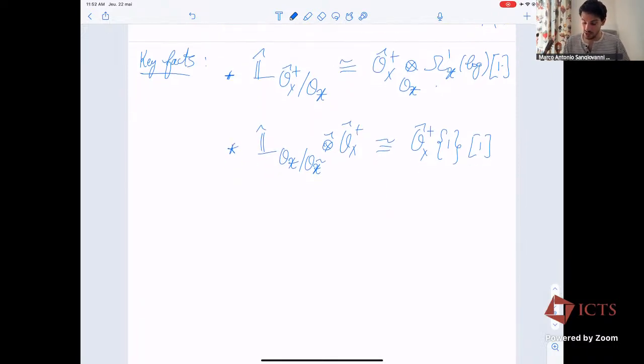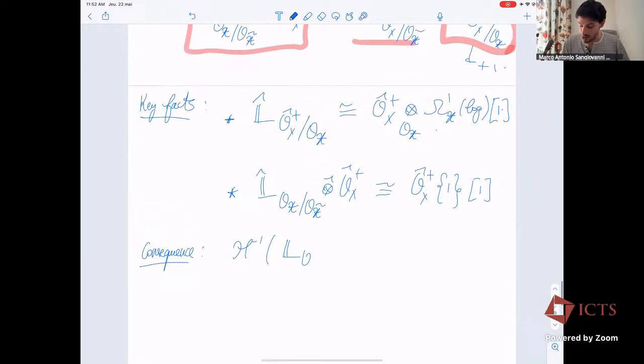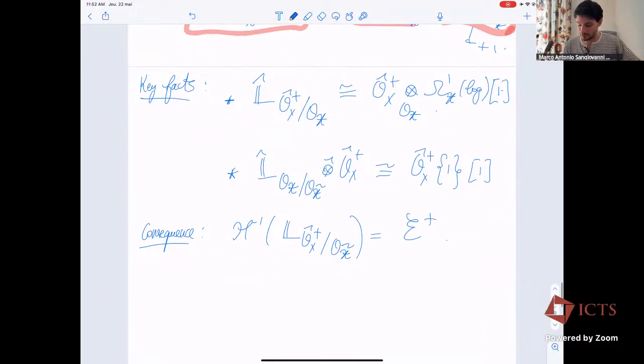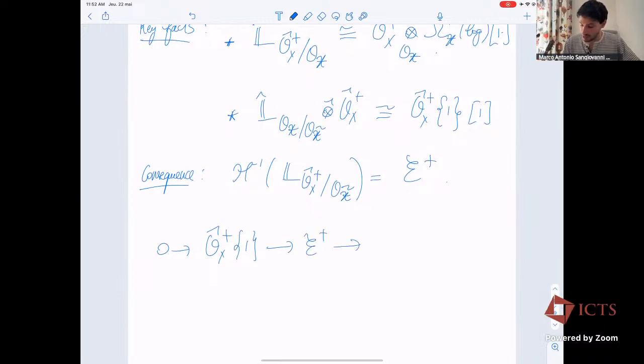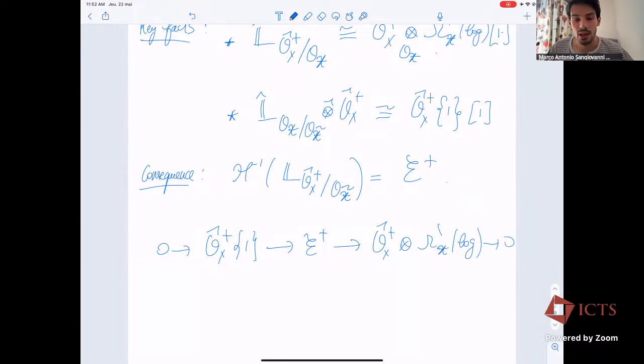And so the consequence, if I denote by E plus the cohomology in degree minus 1 of this cotangent complex, as in Faltings' extension, I get an extension of O hat X plus twisted by 1, E plus, and then O hat X plus tensor omega 1 X log.